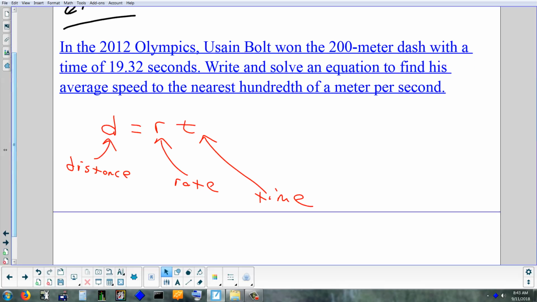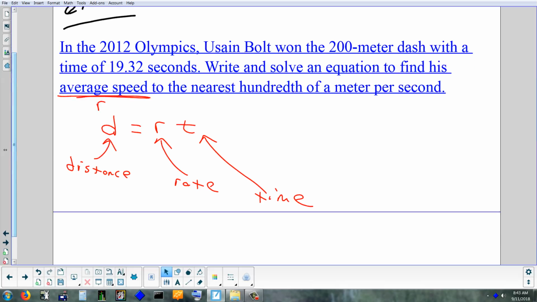Okay, so take a minute on your own and see if you can set that up. Look at the problem, see if you can find the distance, and fill that number in for D. See if you can find the time, and fill that in for T. And then the average speed, that's the rate.